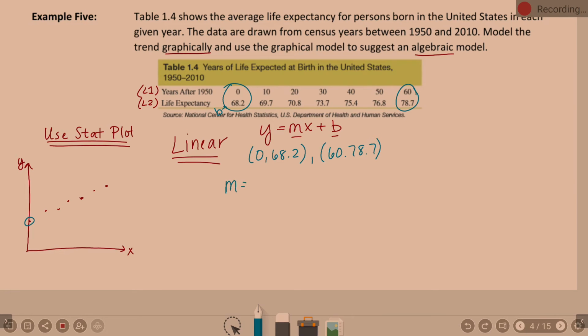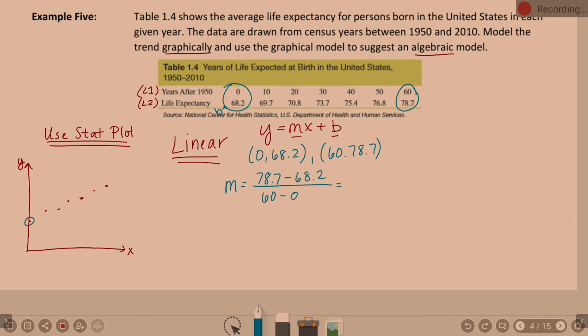Officially, y2 minus y1 over x2 minus x1. So on top, what are we doing? 78.7 minus 68.2, because those are my y values, over, now I'll take the 60 minus 0, because those are my x values.